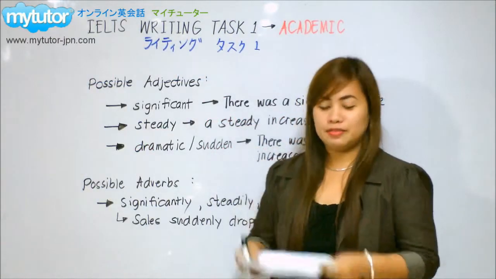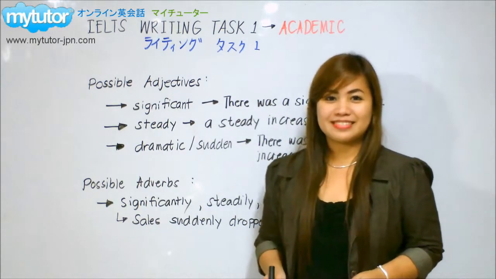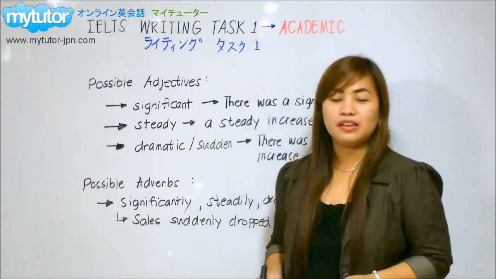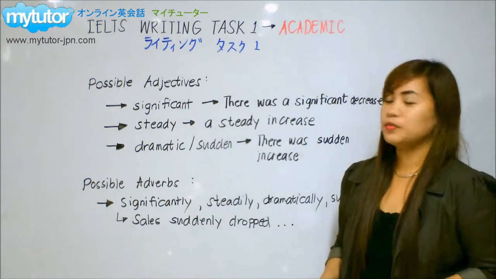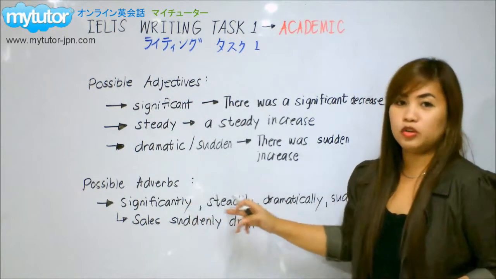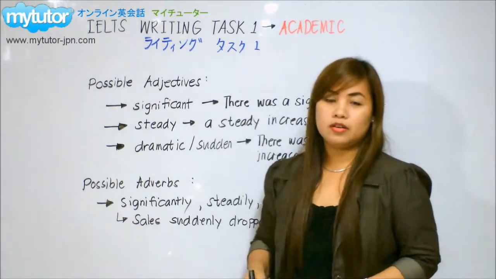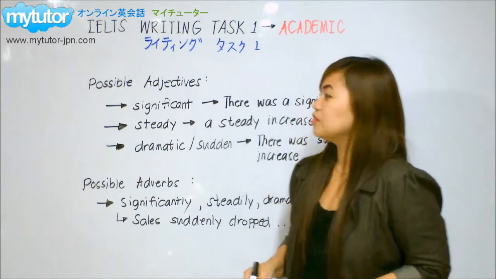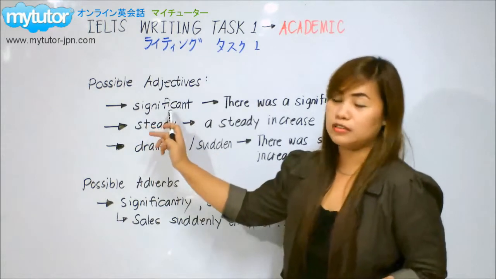So another thing to do is to make use of adjectives and adverbs. Adjectives, keiyoshi, adverbs, fukushi. Using adjectives and adverbs in sentences makes them better. For example, we have adjectives like significant.